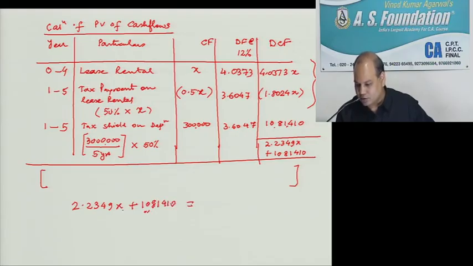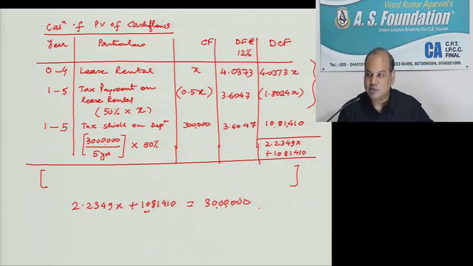That is equal to the initial investment, 30 lakh. If this equation is satisfied, it means you have earned a rate of return equal to 12%. You are using 12% as a discounting factor. Your IRR is 12%. So solve this equation.